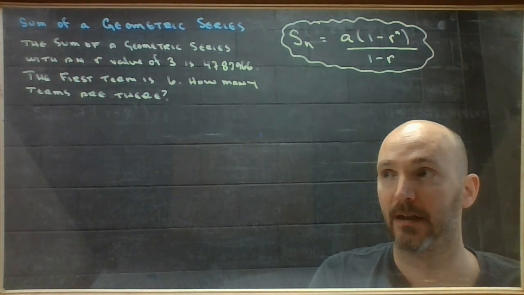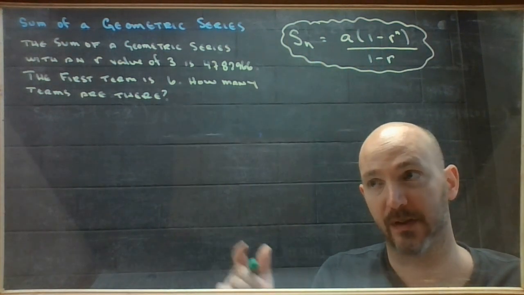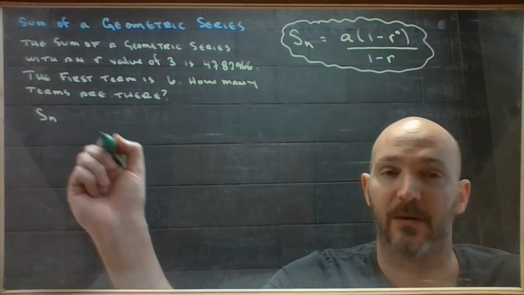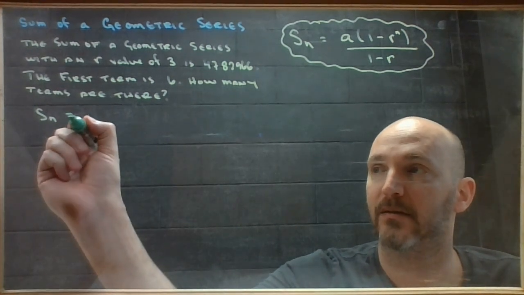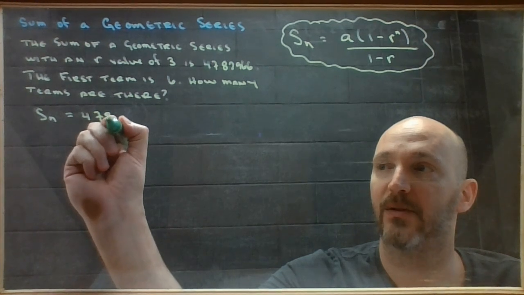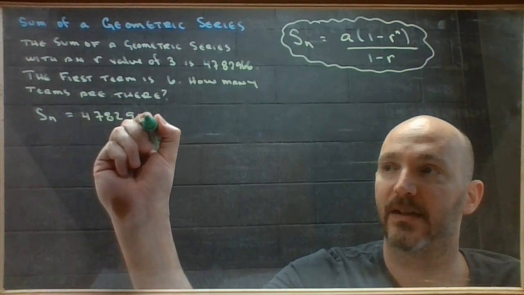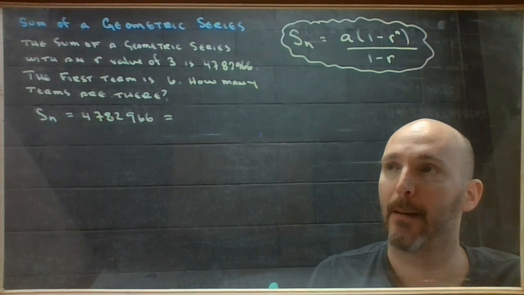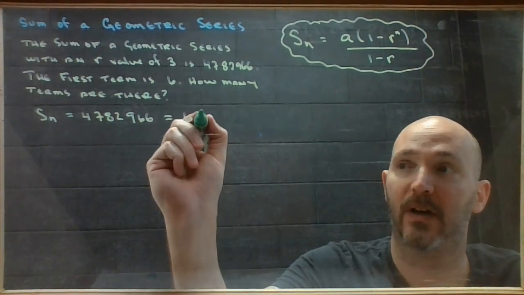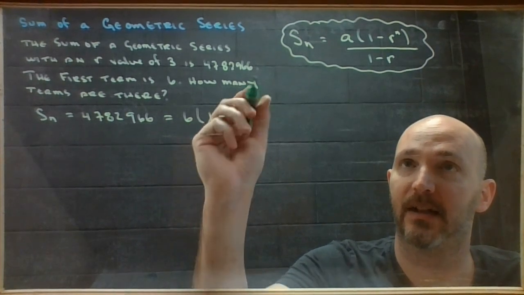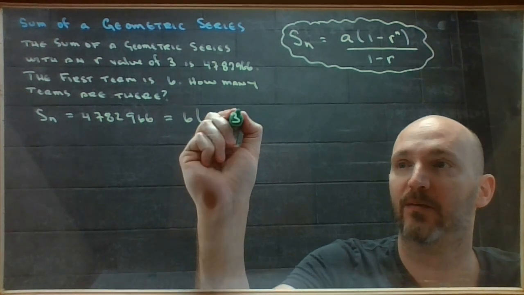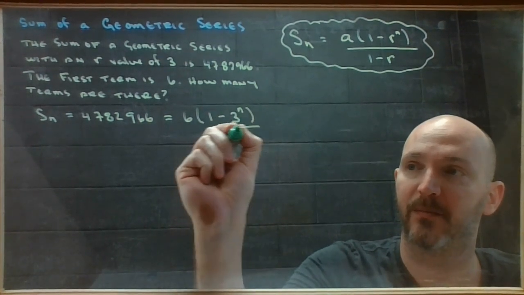Okay, so I've got a question here, or a formula. Some number of terms, I don't know what it is, is going to give me 4,782,966, making $6 payments for however long this takes at an R value of 300% for some number of terms.